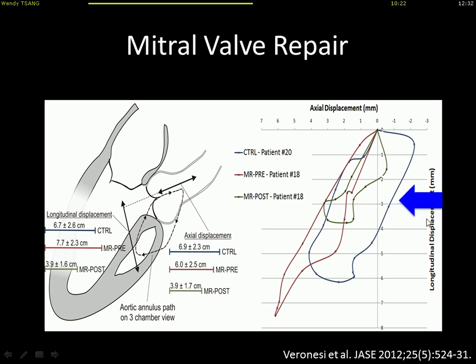You see that for normal patients, there's this big wide circle that happens. With patients with myxomatous valve disease, they actually lose the axial displacement and they have a lot of longitudinal displacement. And that makes sense because their mitral valve is moving up and down very rapidly because of the bigger size. But once you put in the mitral ring, your aortic annulus no longer has that free range of motion and becomes very, very restricted.